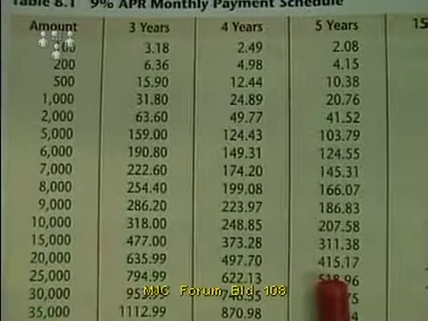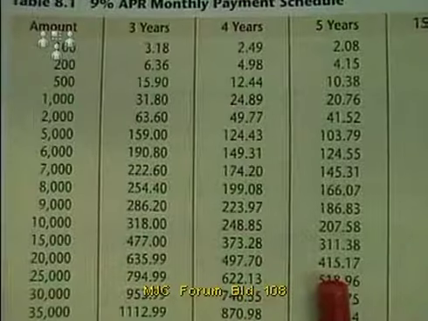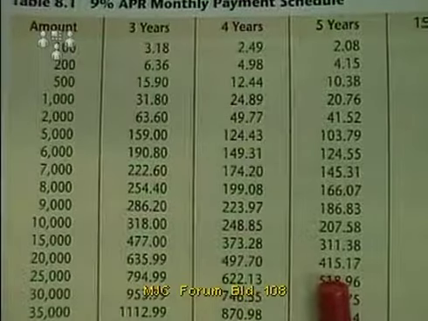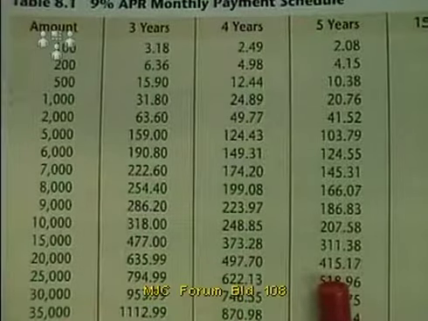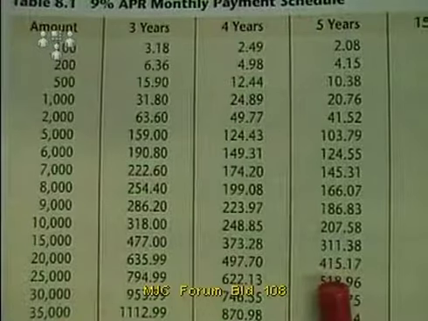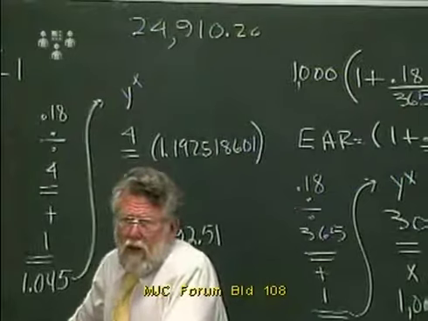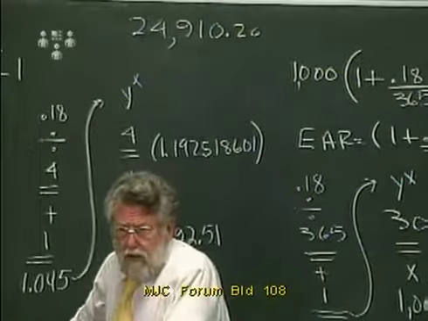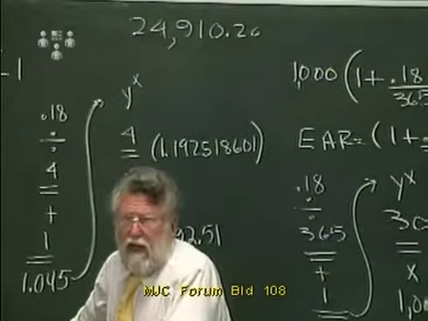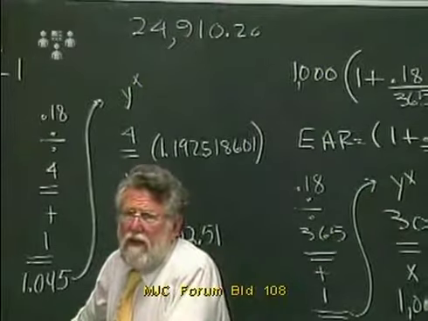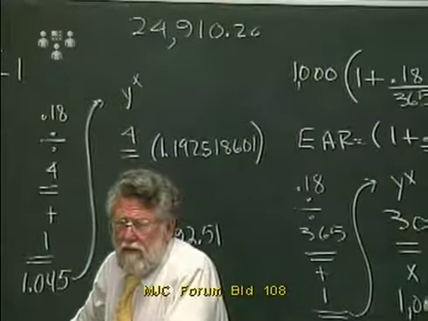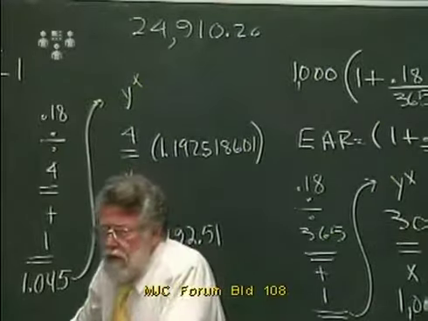Okay, give me the number, James. 24,910.20. So you basically are paying $24,910. That car cost you, in addition to the $20,000 you financed, $4,900, nearly $5,000.